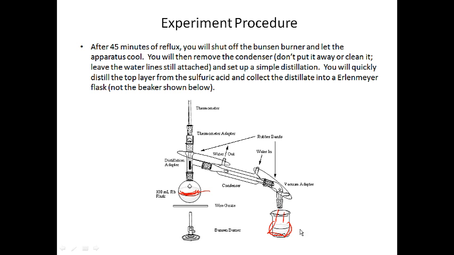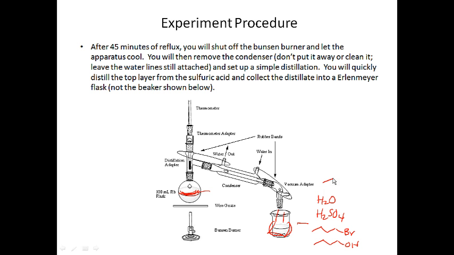And then over here now, we will have a myriad of products. The possible products that we collect after distillation are water, sulfuric acid, of course, our hopefully 1-bromobutane product. We could end up with some unreacted alcohol.